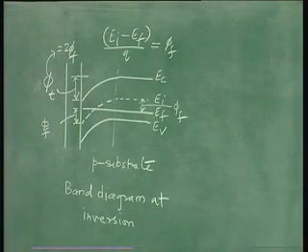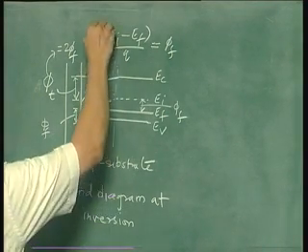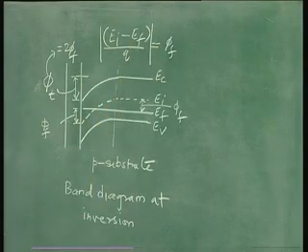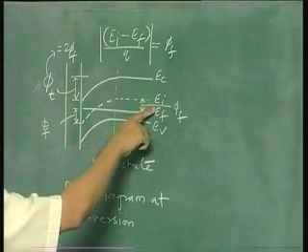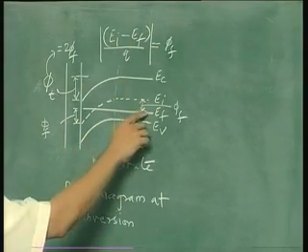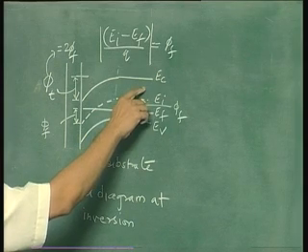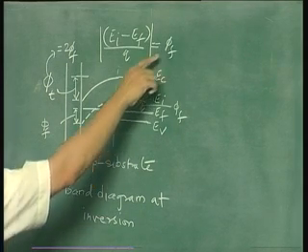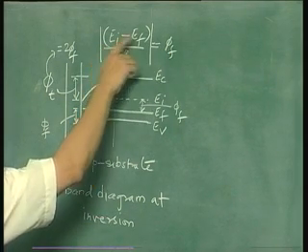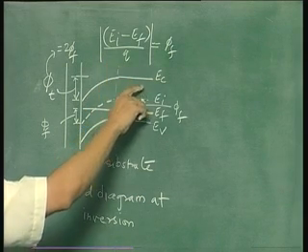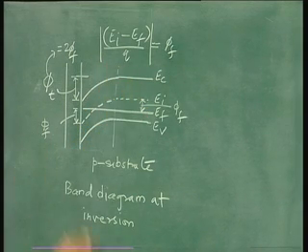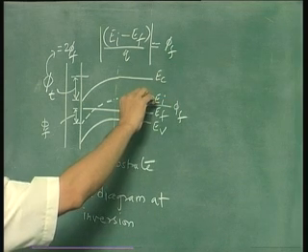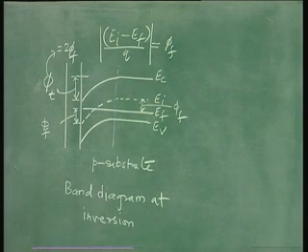Now in our nomenclature what we will do is we will take the modulus of this and call it phi f, because clearly if you take an n-type substrate, the Fermi level in the bulk would be above Ei, and therefore this phi f according to the definition Ei minus Ef by q would be negative. So to avoid confusion we will use phi f as the magnitude of the difference between Ei and Ef.